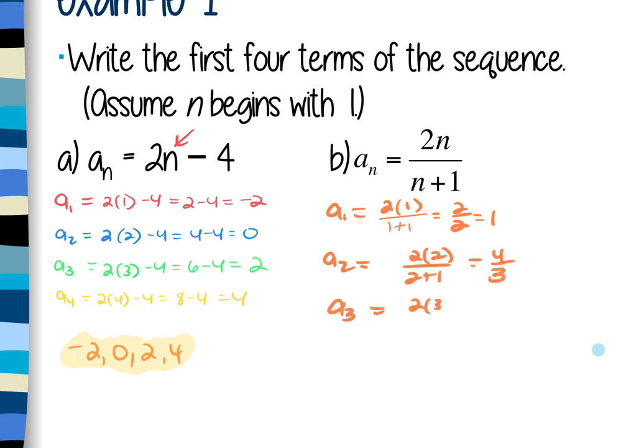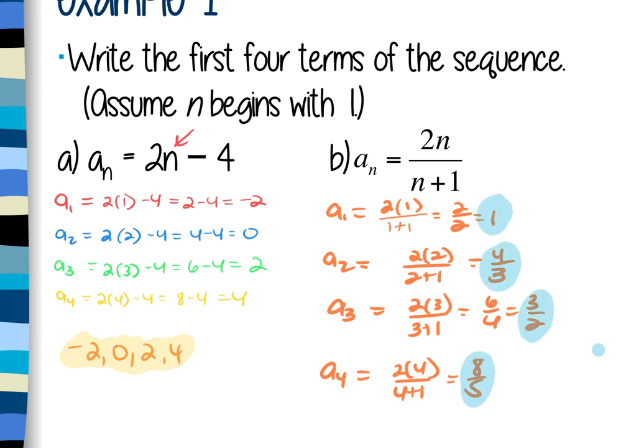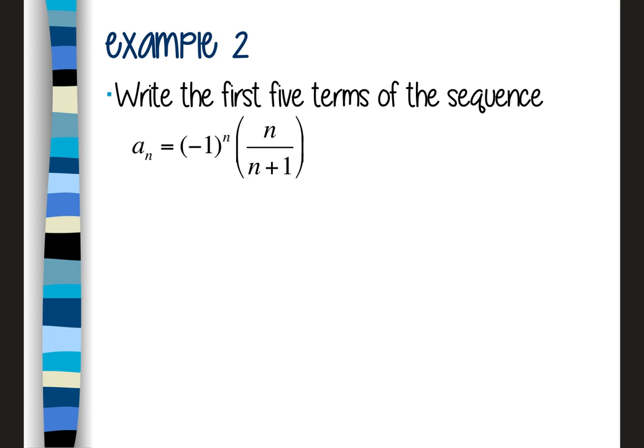A3, 2 times 3 over 3 plus 1, 6 over 4 becomes 3 over 2. And A4, 2 times 4 over 4 plus 1, 8 over 5. And then these are the first 4 terms in your sequence. Easy stuff, right? Yeah, questions? All right, they just get more complicated.